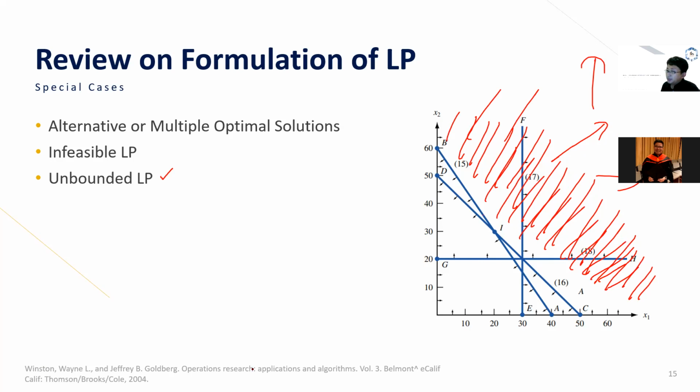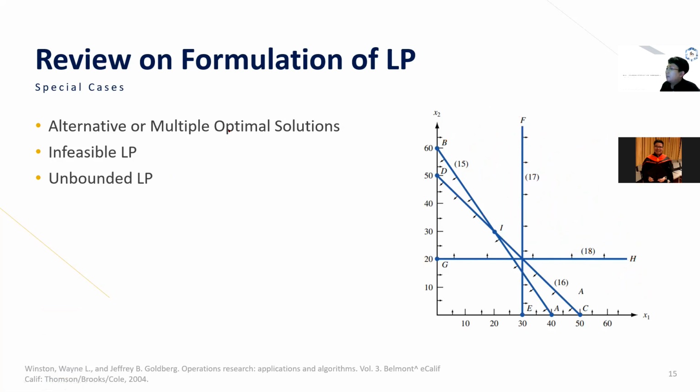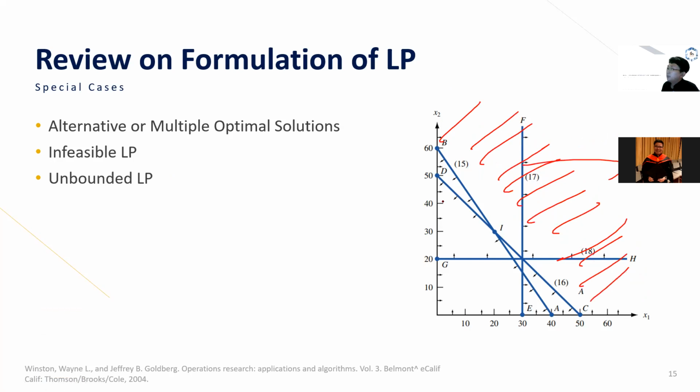And in this formulation, you are asked to find the maximum value of x1 and x2. What should the answer be? The answer is that this formulation is unbounded.